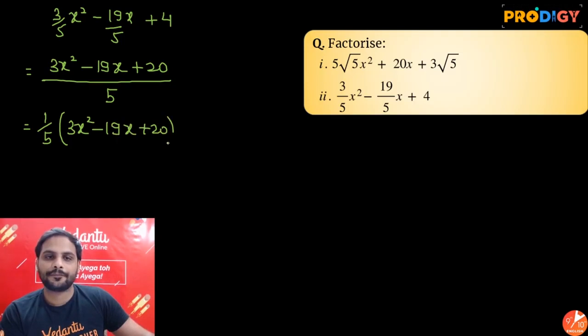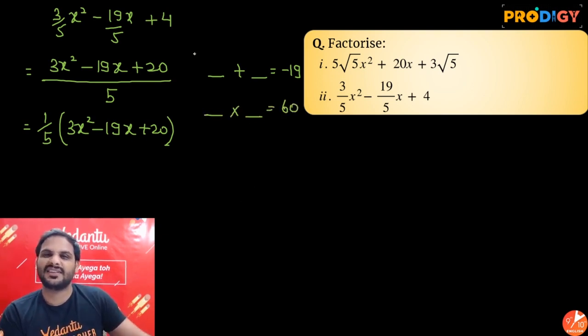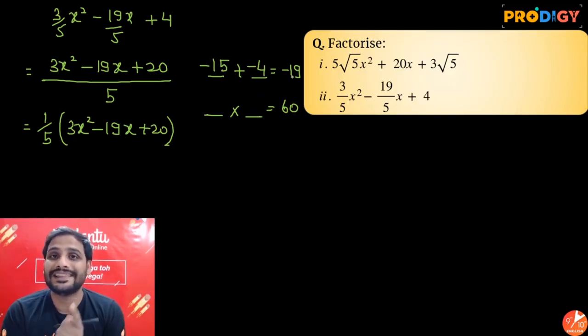Now again you can see, guys, we want two numbers such that their addition is minus 19. Take the coefficient. Negative is there, so minus 19. Their multiplication is 12 3s are 60. What are the numbers? 15 4s is 60. Since I want the addition to be negative, I will take minus 15 and minus 4 because I wanted the sum to be negative.